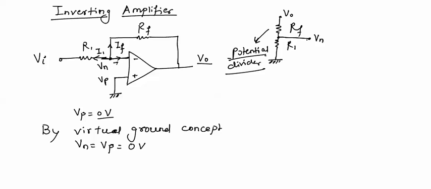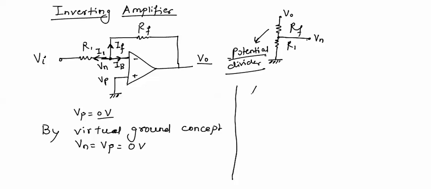There will be three branches, one going to the input, we mark a current I1, one going to the output, mark the current IF, and one going to the input of op-amp, the current is marked as IB. The direction of current can be taken as outward or inward, the result will be same, but we have to substitute the values of these currents accordingly, according to their direction.